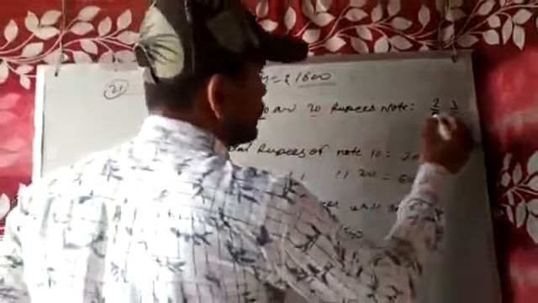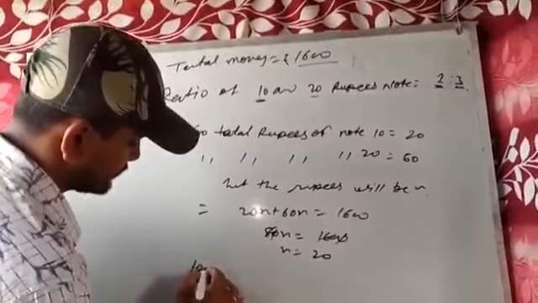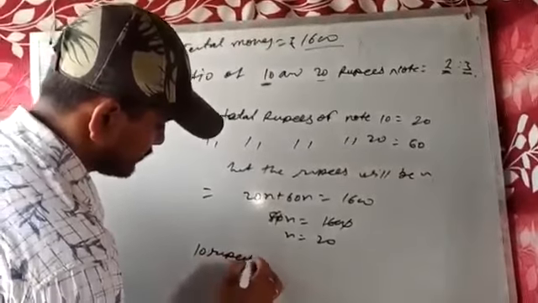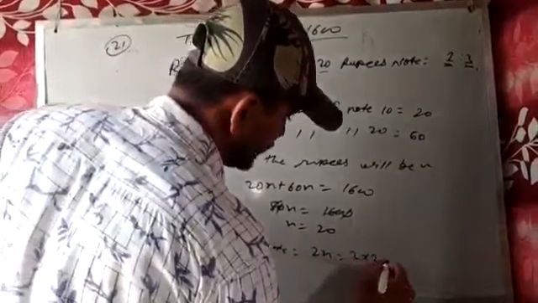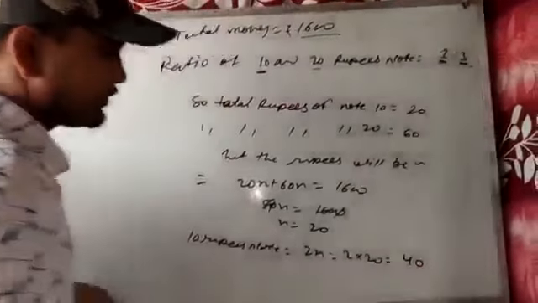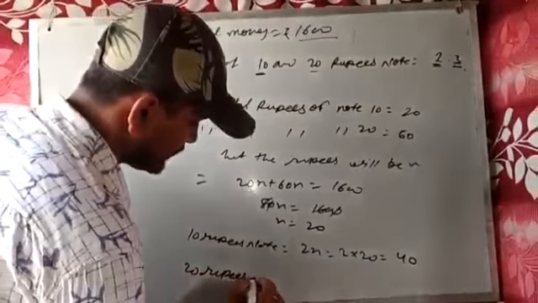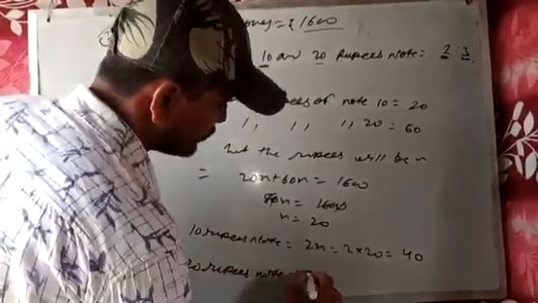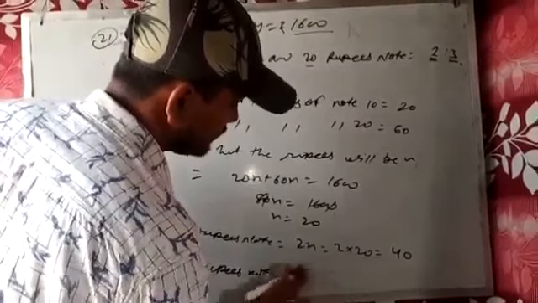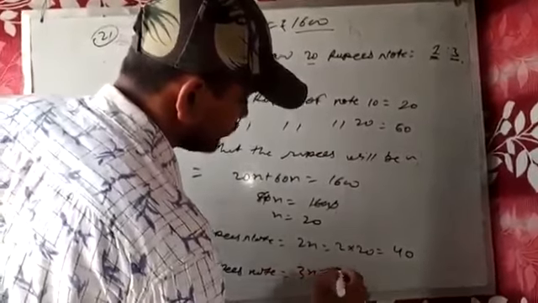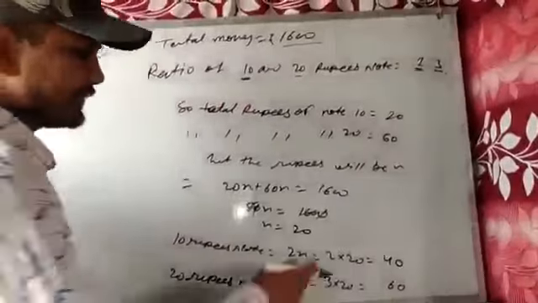Okay. Now 10 rupee notes are 2x, that means 2 into 20 equal to 40 notes, and 20 rupee notes equal to 3x, that means 3 into 20 equal to 60 notes.